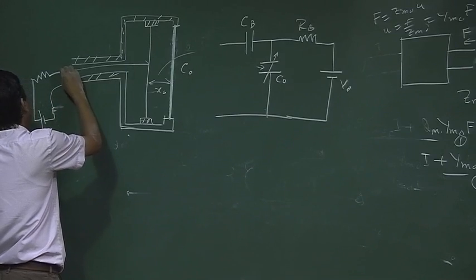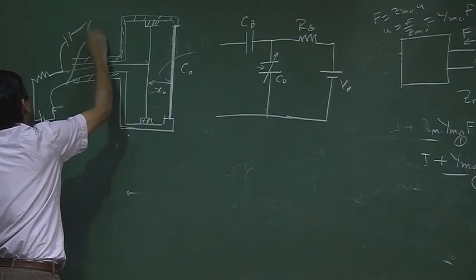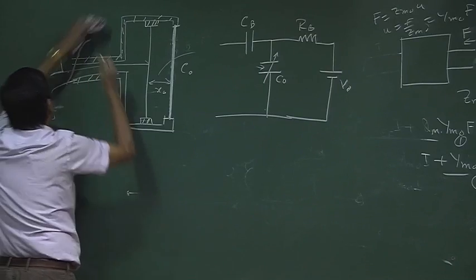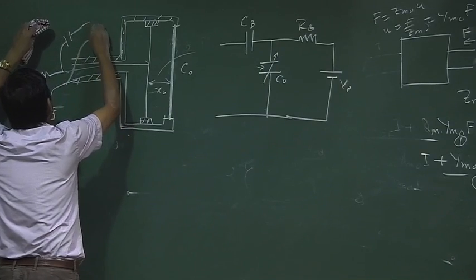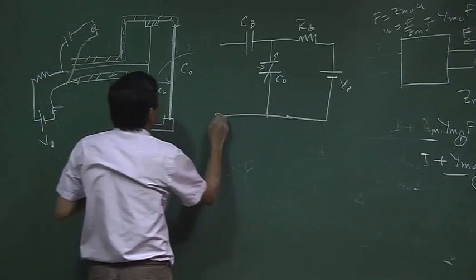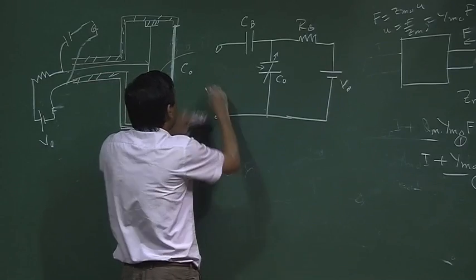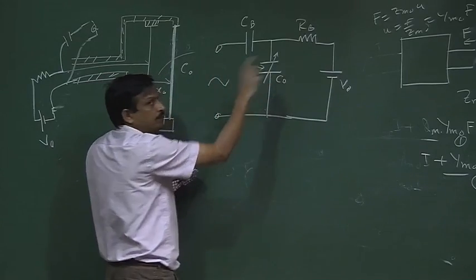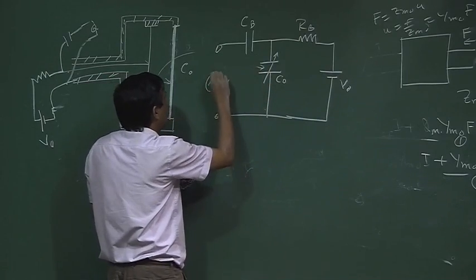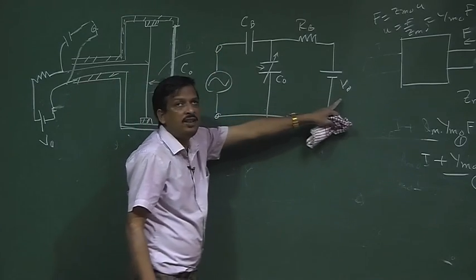In between there will be a capacitance by which an alternating voltage source is connected here. Okay. So, there is an AC voltage, the signal voltage, which I apply here. I can draw the signal voltage like this, and V0 is the static voltage.